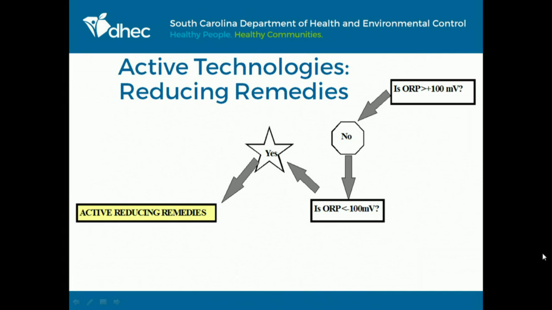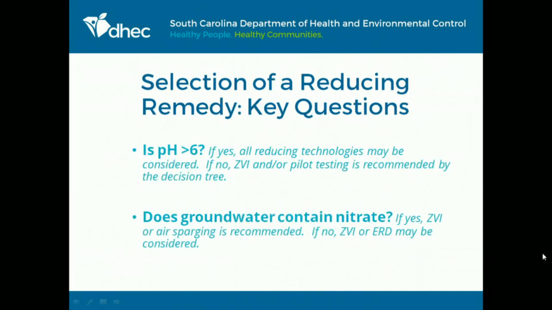There are some key components to reducing remedy, and this is one that some people find controversial. My research has shown that the pH needs to be 6 or above for in situ bioremediation and reductive dechlorination to work. If the pH is greater than 6, all reducing technologies may be considered.